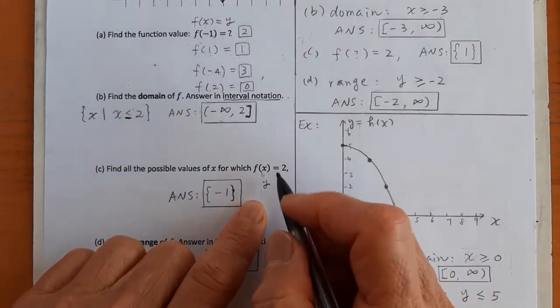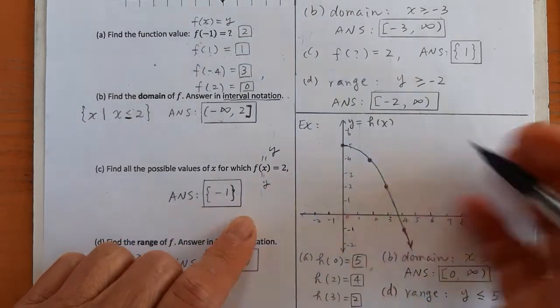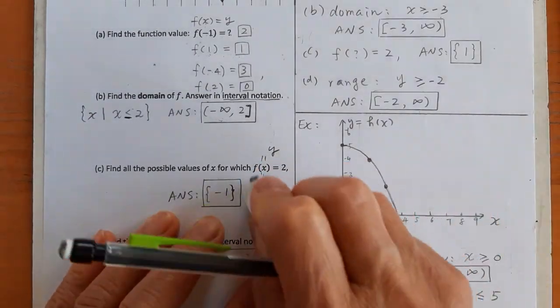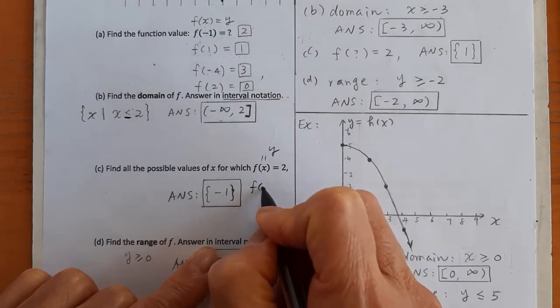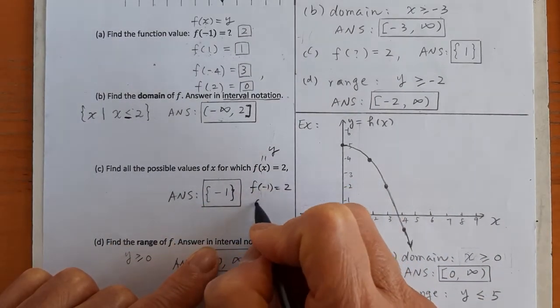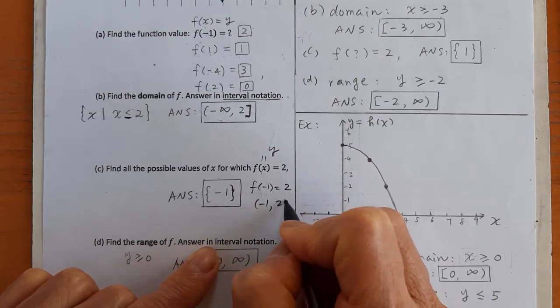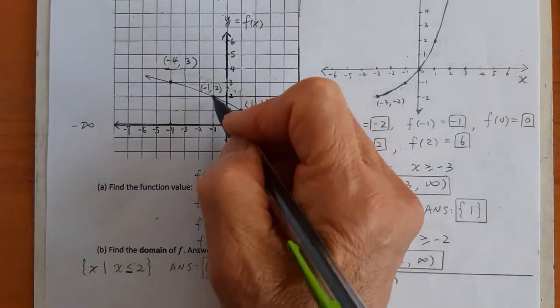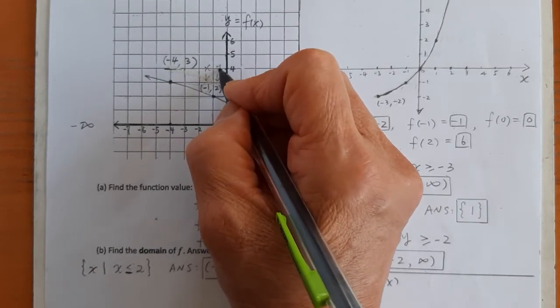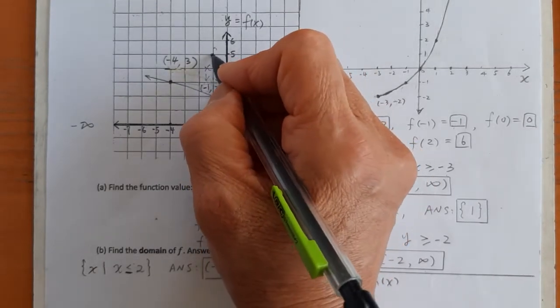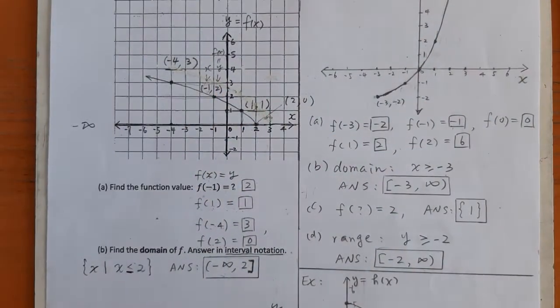So what's the x coordinate? It is -1 because f of -1 equals 2. The point is (-1, 2), which is this point. This is the x coordinate and 2 is the y coordinate, which is f of x.